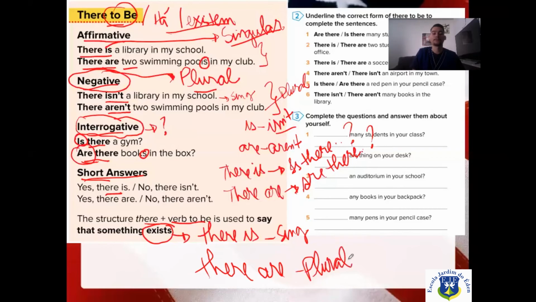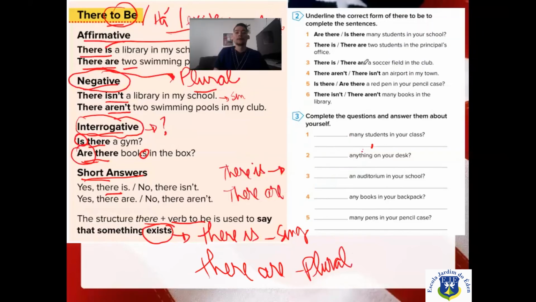Okay, so let's see here. Underline the correct form of there to be in the incomplete sentences to complete the sentences. So 1, are there or is there many students in your school? Pay attention, it's plural or singular? It's plural form, students.